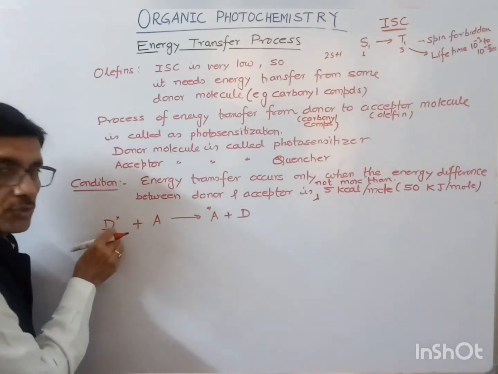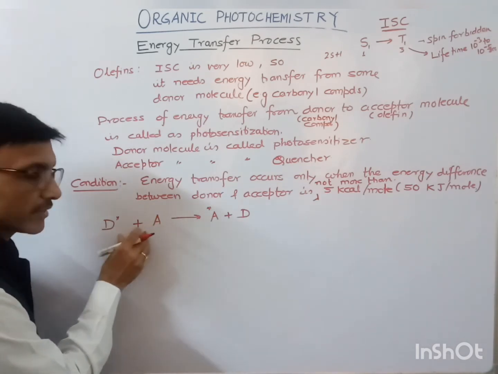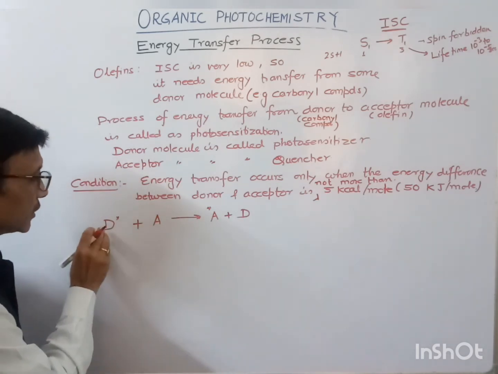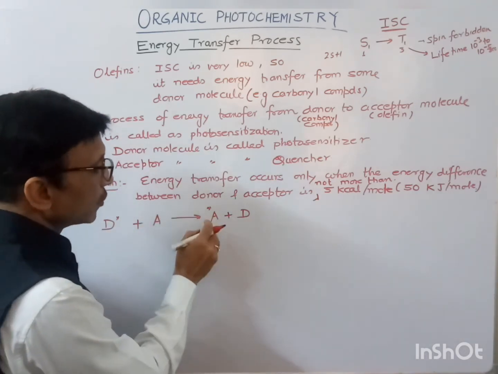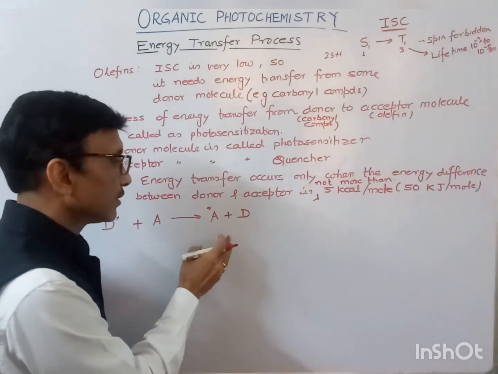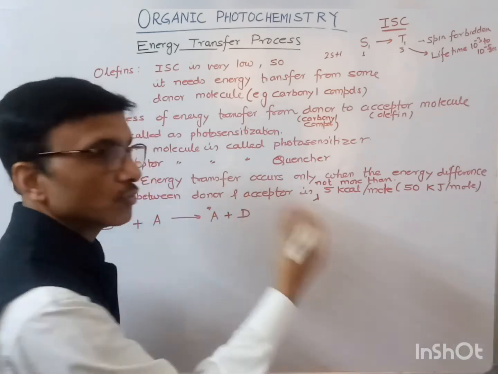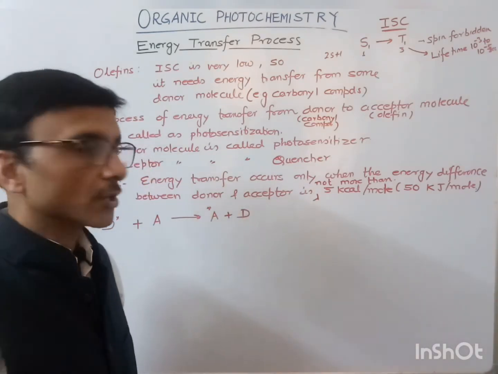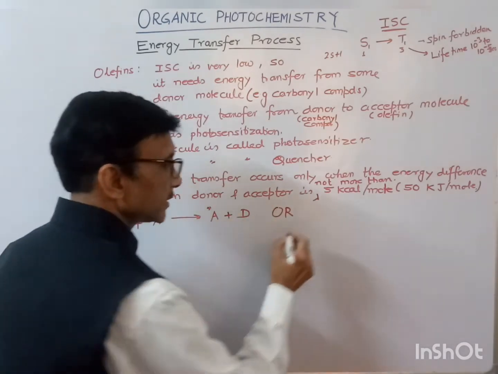During this interaction or collision, it transfers its energy to the acceptor molecule, and now the acceptor molecule gets excited and can undergo reaction. The donor molecule comes back to its ground state.